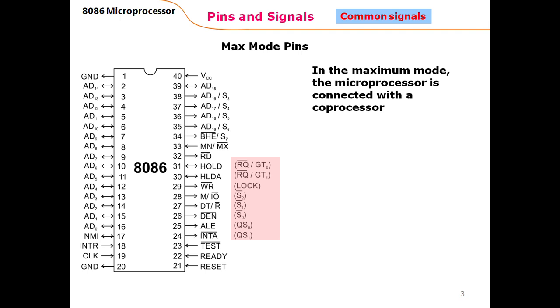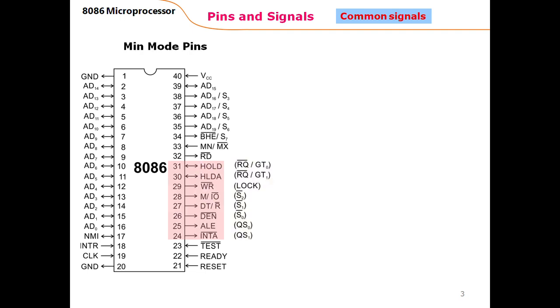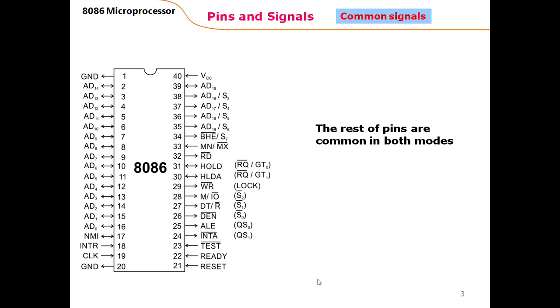In the maximum mode, the microprocessor is connected with a coprocessor. So these pins are used for a different purpose than when the microprocessor is operating in the minimum mode. When the microprocessor is operating in the minimum mode, pins 24 till 31 would have these functions. All of the rest of the pins are common in both modes.